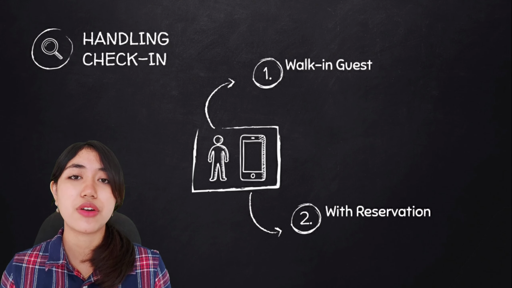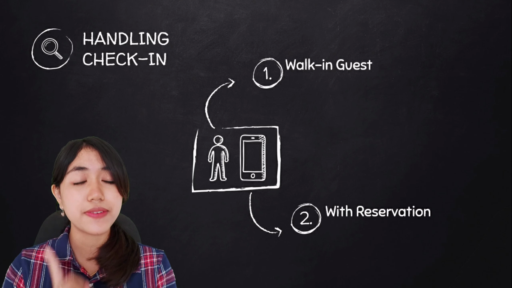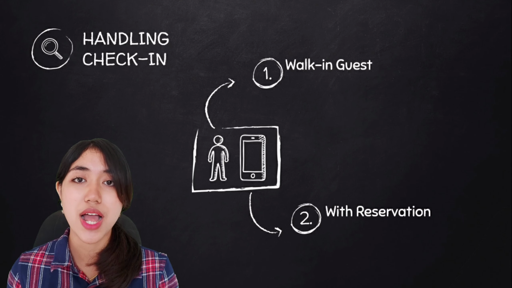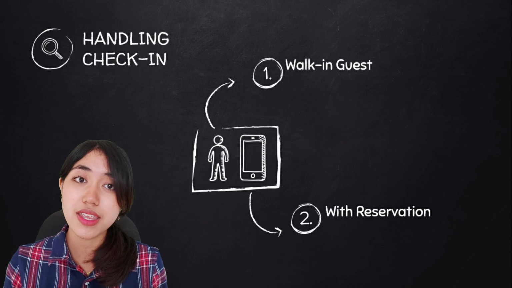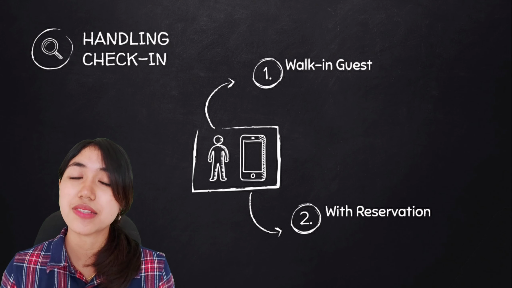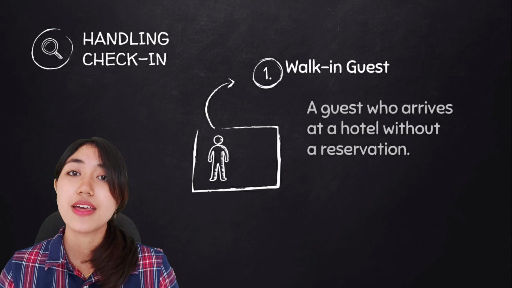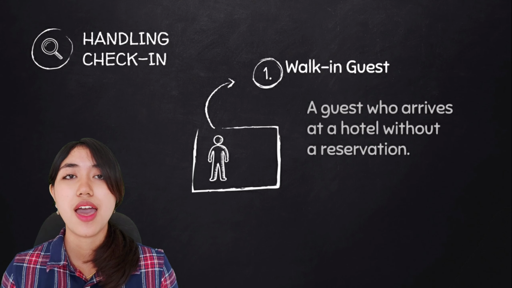In general, there are two kinds of check-in. The first one is check-in for walk-in guests, and the second one is check-in with reservation. What are they? Okay, let's discuss the first one. The first one is handling check-in for walk-in guests.